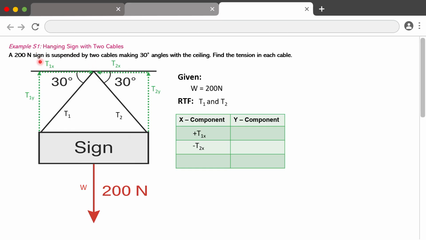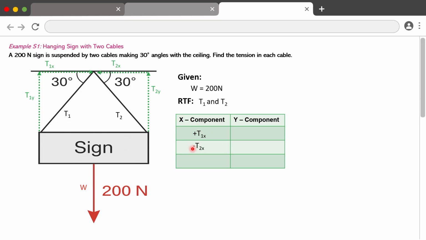Taking a look at this, the vector that describes T1x has a direction that goes to the right. Meanwhile, T2x is described by a vector that is going towards the left. This is why T1x is positive and T2x is negative. So always remember that the right direction is positive, left direction is negative.